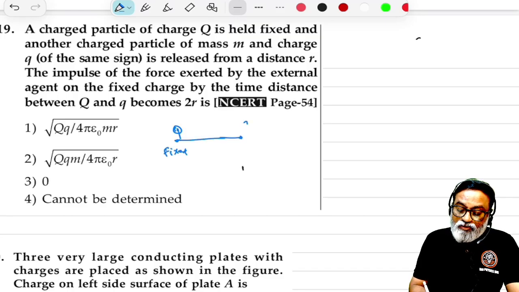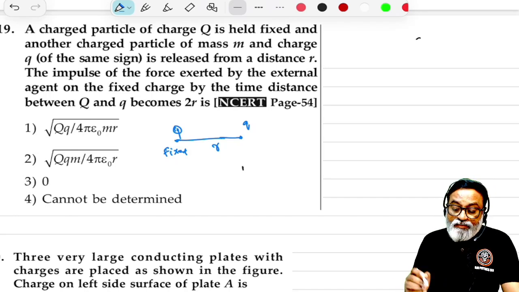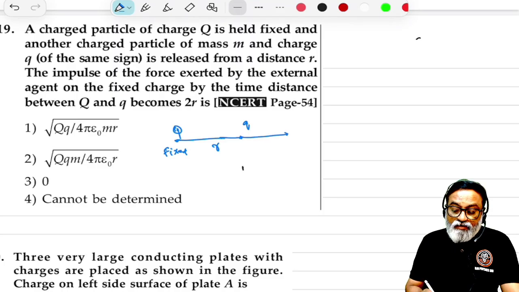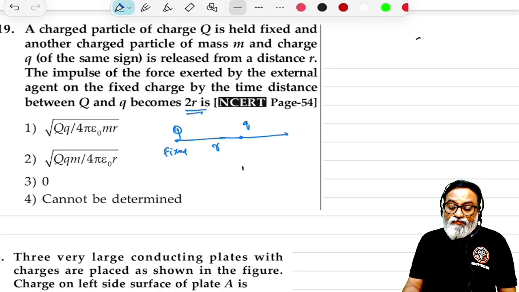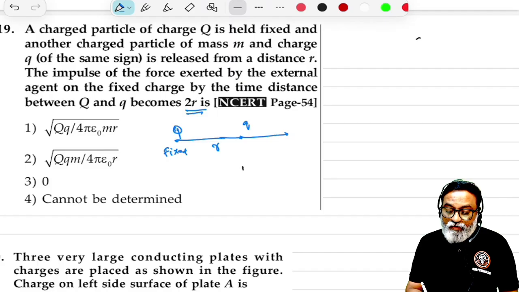Here is another charge q at a distance r. Therefore, due to this repulsion force, this charge moves. When its distance becomes 2r, we find the impulse of the force exerted by the external agent on the fixed charge.